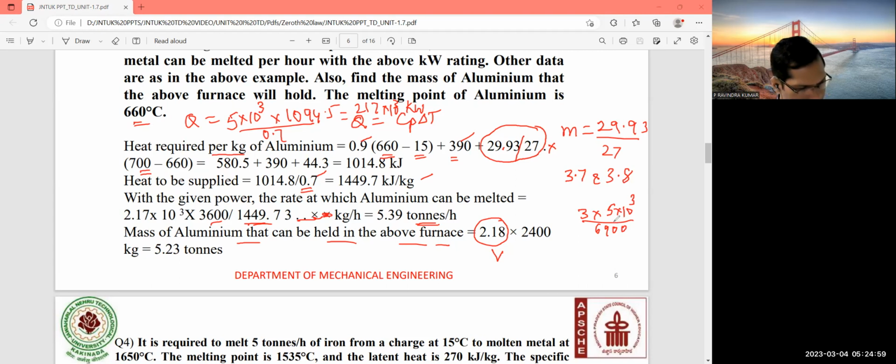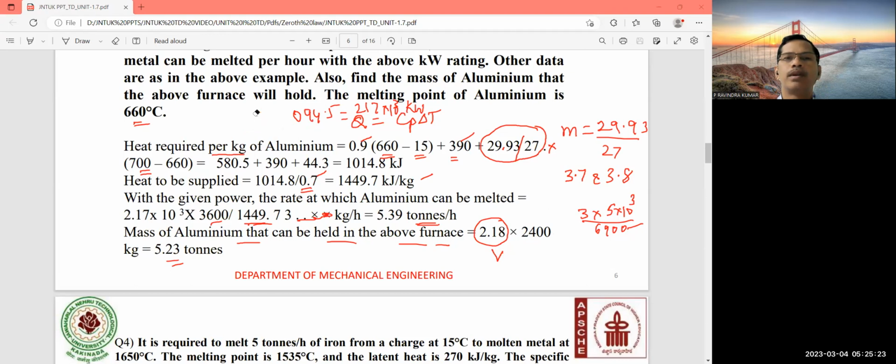This 6,900 is the density of the aluminum. So you will get the volume, and volume into 2,400 kg, then you can get it as 5.23 tons. So this is how you have to solve this particular numerical problem.